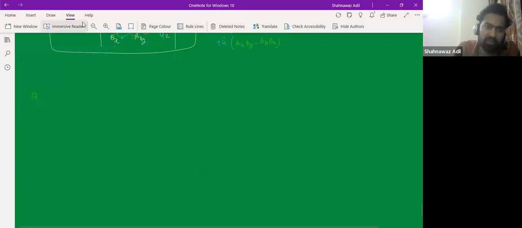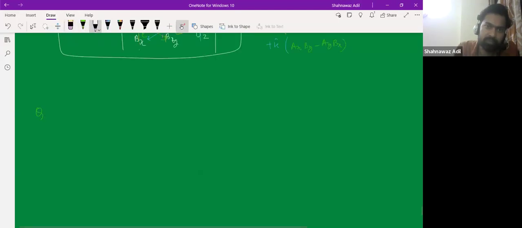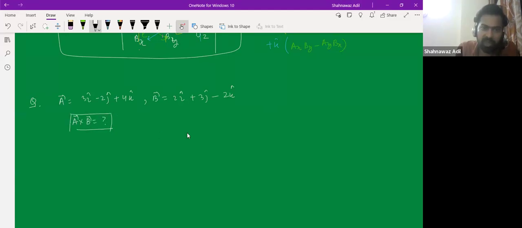Let's say we have a vector A which is 3i minus 2j plus 4k, and B which is 2i plus 3j minus 2k. We want to find A cross B. So we will use the determinant method.